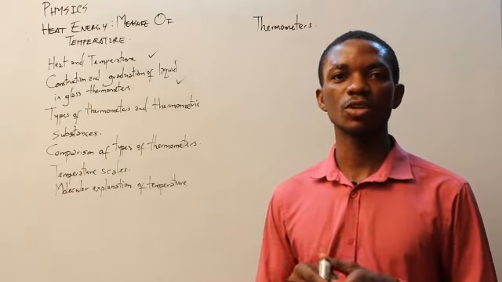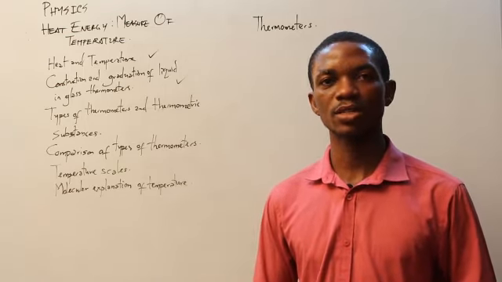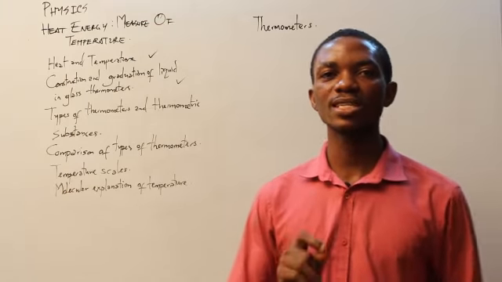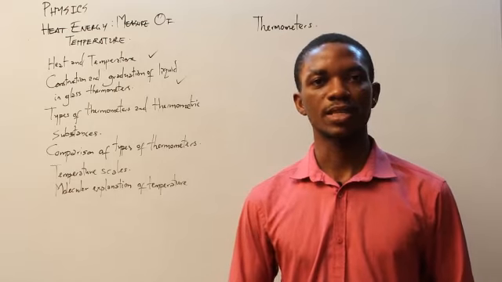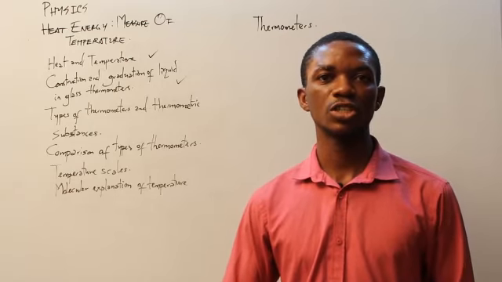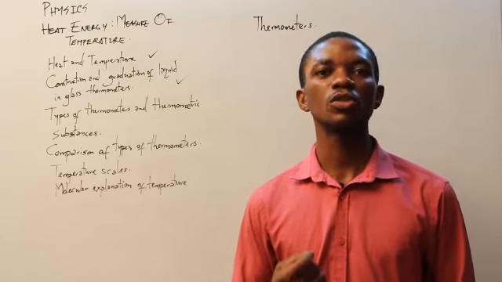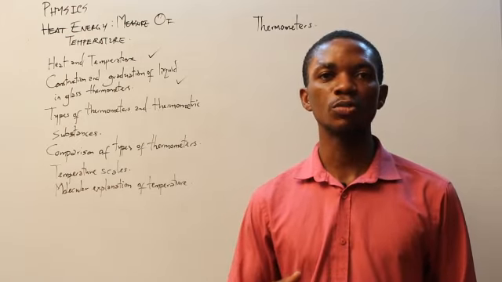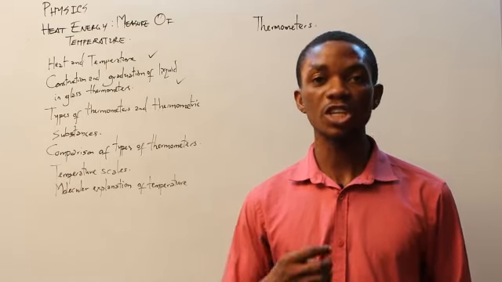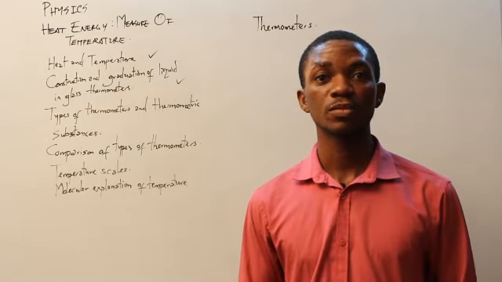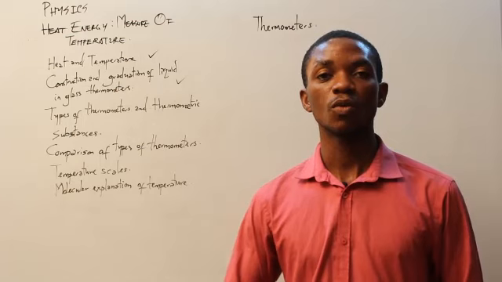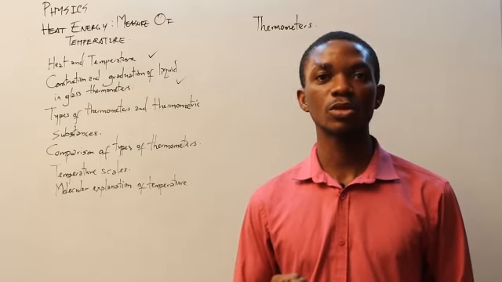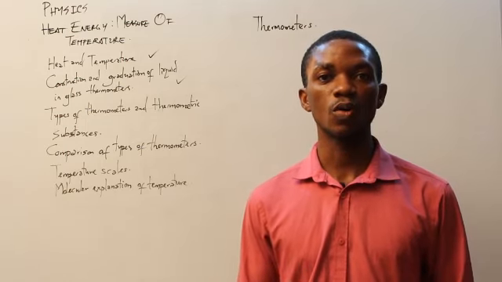Well, what are the features that a normal thermometric substance should possess? A good thermometric substance should be sensitive to heat. That is, when there is a slight change in temperature, a good thermometric substance should change either in volume or in quantity.